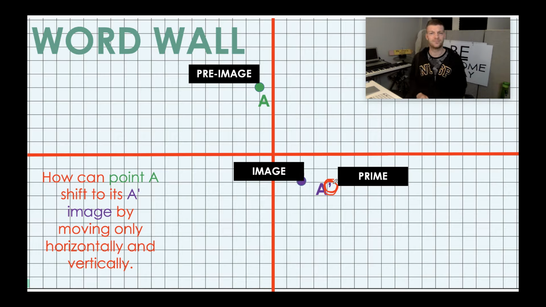Okay. Now, I'm actually going to transform again. I'm going to take A prime and I'm going to transform him again, or her. So I'm shifting its location another time. So what might we call this? If this is the pre-image and this is the image, what do you think we call this?